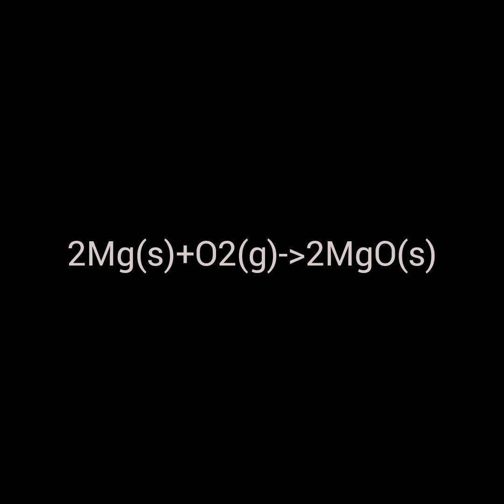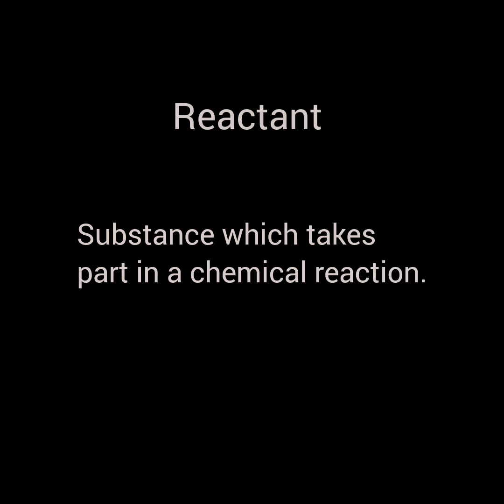Here two atoms of magnesium, which is in the solid state, react with one molecule of oxygen, which is in the gaseous state, to form two molecules of magnesium oxide, which is in the solid state. Now let us see the definition of a reactant.